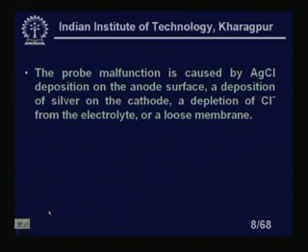The probe malfunction is caused by AgCl deposition on the anode surface, deposition of silver on the cathode, and depletion of chlorine from the electrolyte or a loose membrane. So, the membrane is to be very tight.